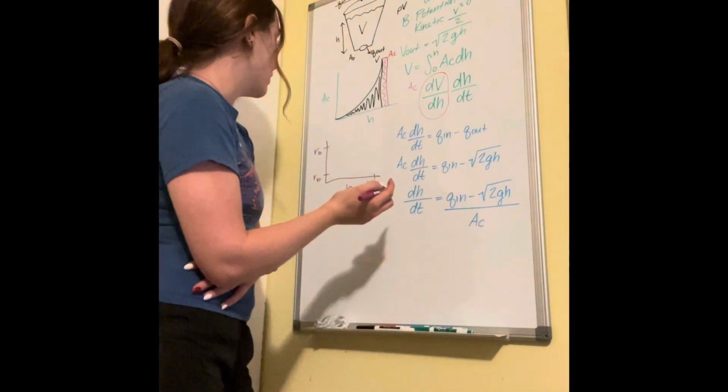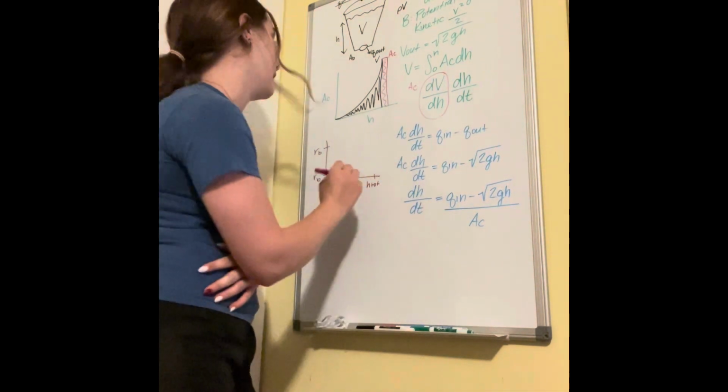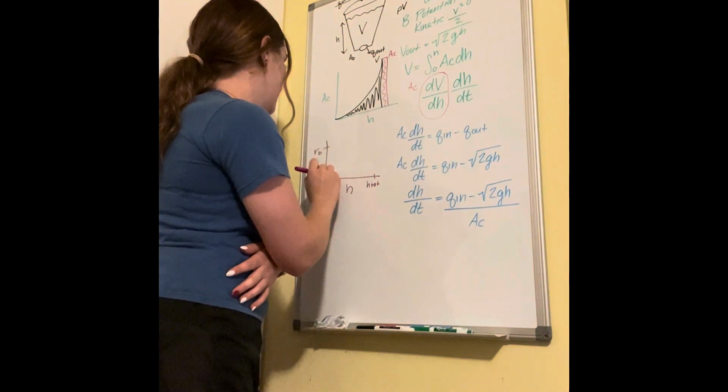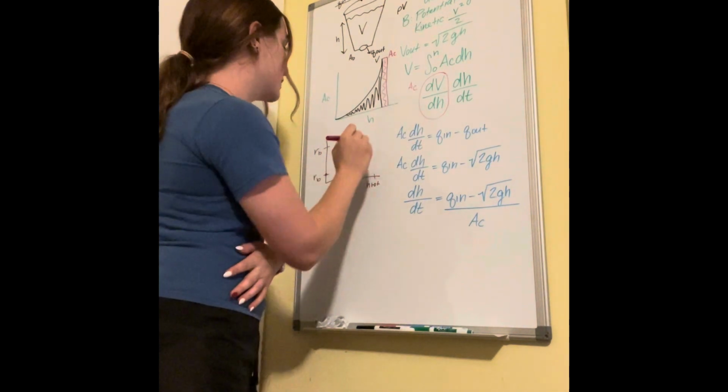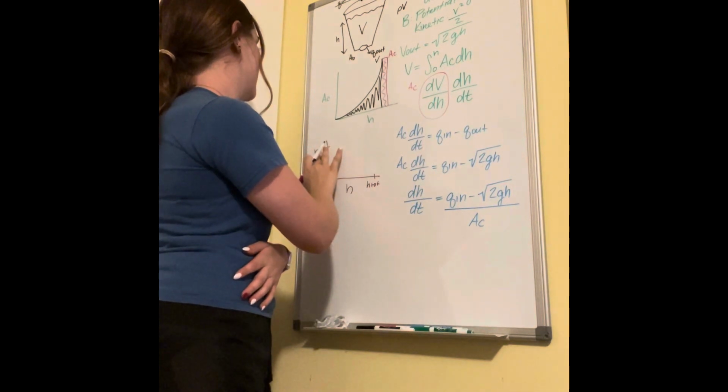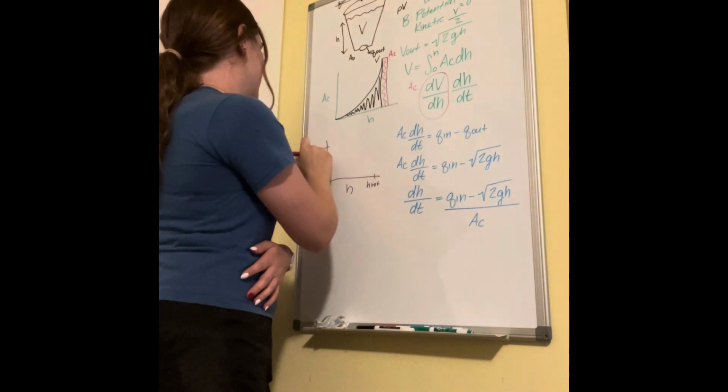When our height is 0, we're at our R bottom, and when we're at our height total, we're at our R top.